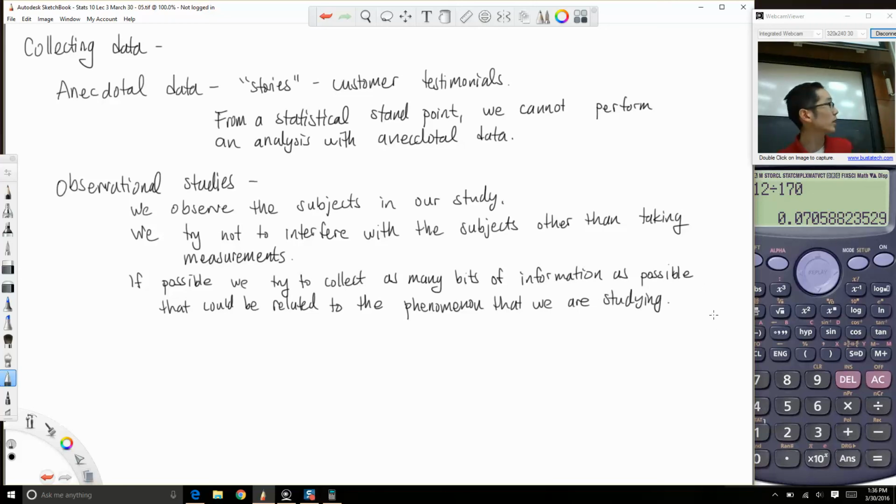Okay, and at the end of an observational study, we might be able to make a conclusion saying a certain variable is associated with a certain outcome.